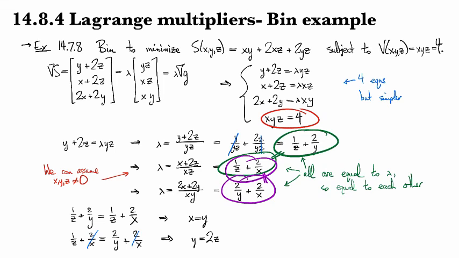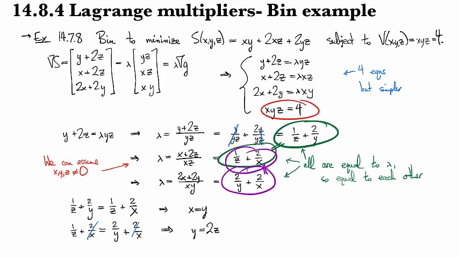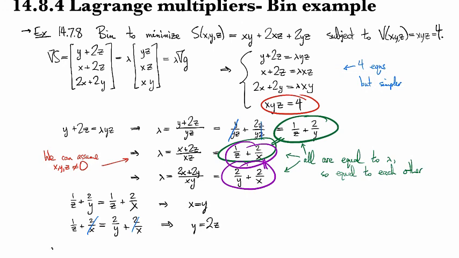Okay, so now we can go back to the constraint equation, which we still have not used yet. And so xyz equals 4. But we've seen that x is equal to y, and y is equal to 2z.